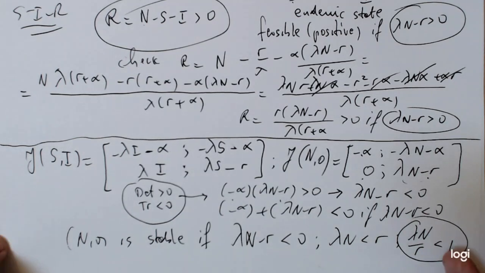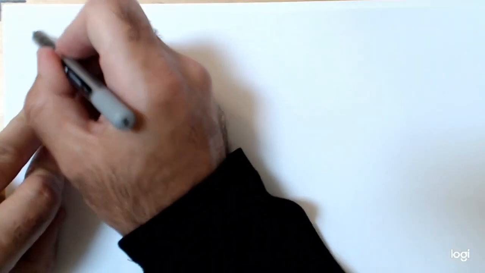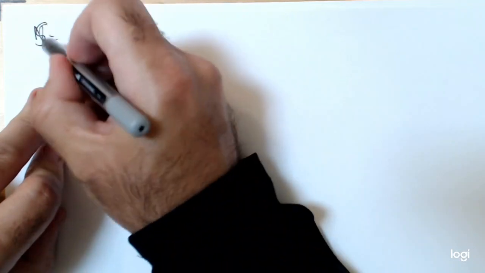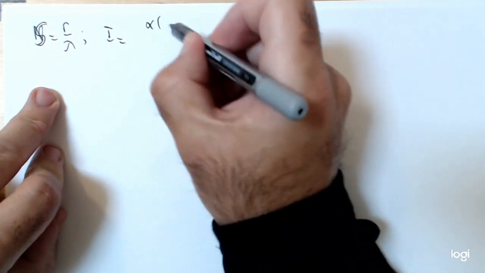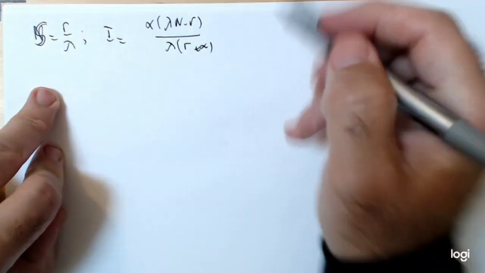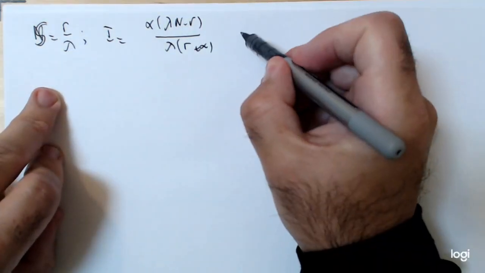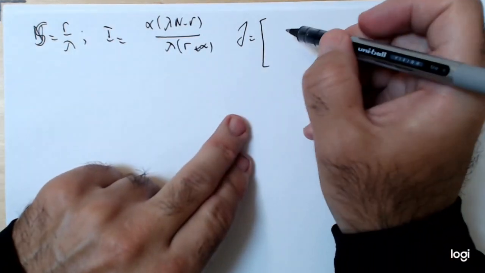So with that in mind, let's move on to the endemic state. We're going to plug into the Jacobian the endemic equilibrium. So remember, what I plug in is r over lambda for S, and alpha lambda n minus r over lambda r plus alpha for I. So the Jacobian in that case is going to be obviously a little bit more complicated.